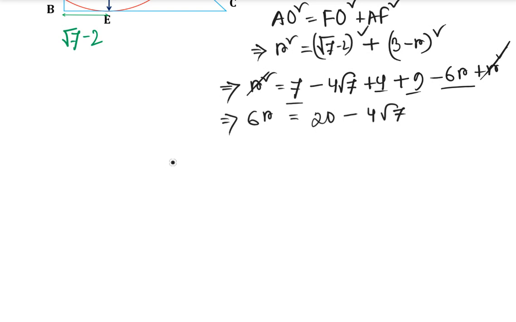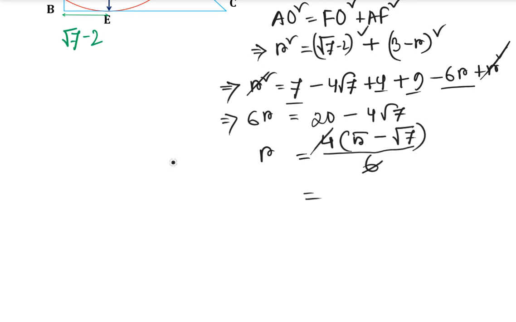So R is equal to, let's take the common factor of 4. So it will be 5 minus square root of 7, over 6.